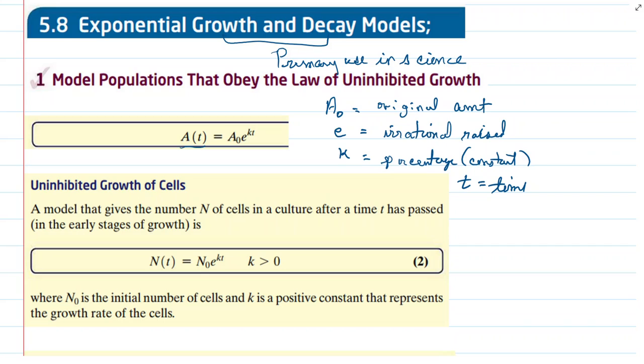So this model here is specifically cells, and that's why I don't like this book. This is it for the whole course, the whole lesson, but then they specialize it. I haven't seen the science textbooks that change the capital letter in front, but N is the number of cells in a culture after t time has passed, on the stages of growth.